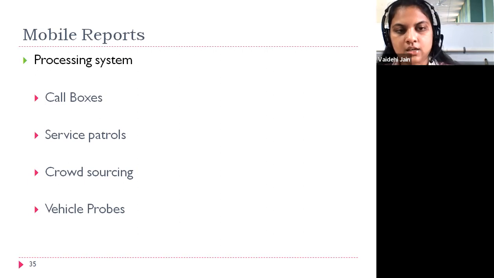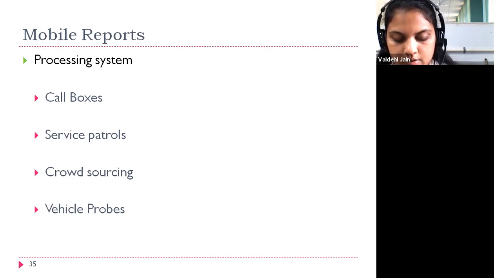Fine. Now, if you are dialing from the call box, then how will you get this? So the service patrols should be there, and the service patrols are driven by some people, some servicemen, at the service center. They will provide you the information which is demanded by you from the call box or by the mobile phones.